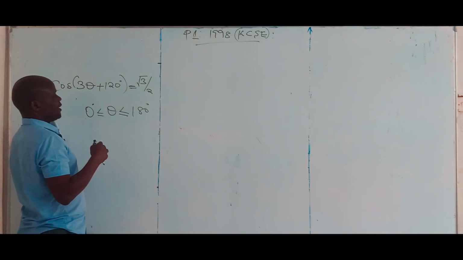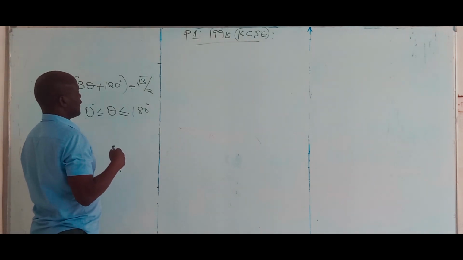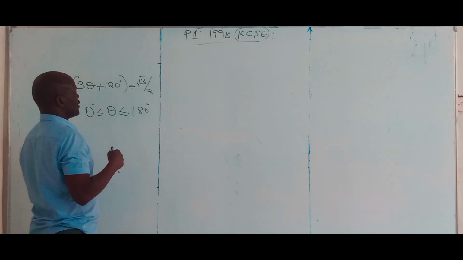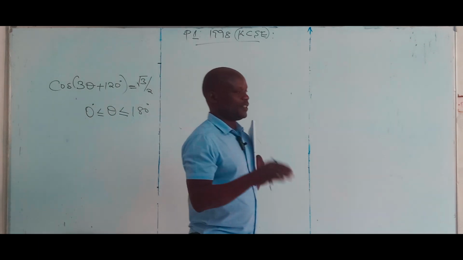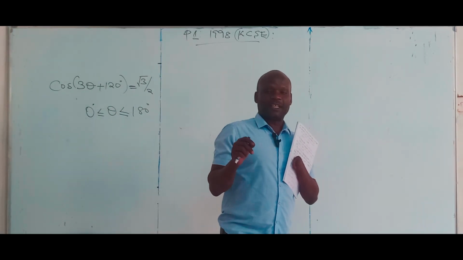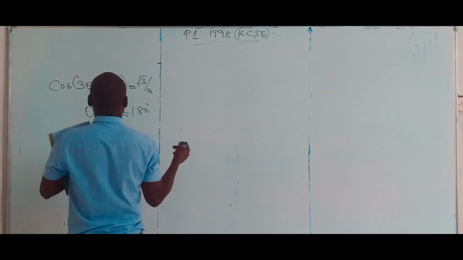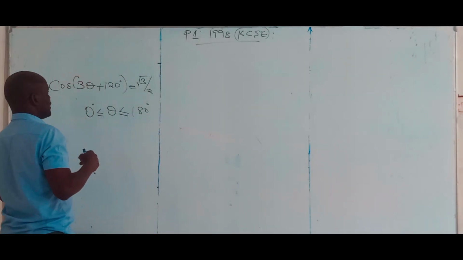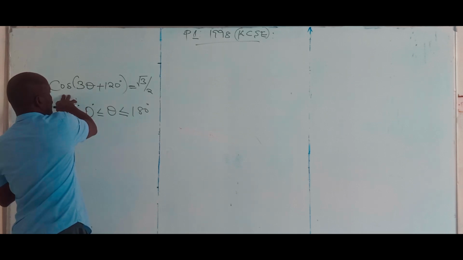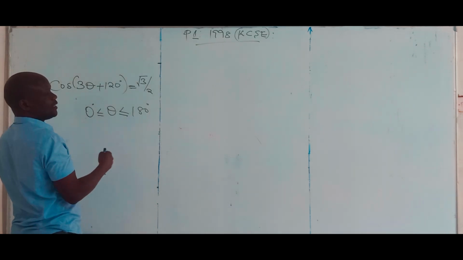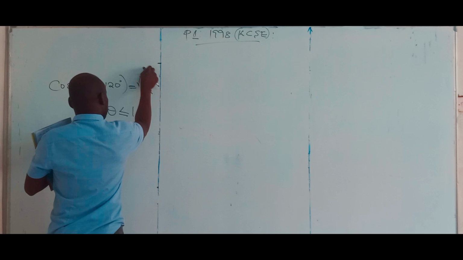And if you remember some of the common values of sin 30, sin 45, sin 90, sin 180, the cosine of such angles like 30 are also known.